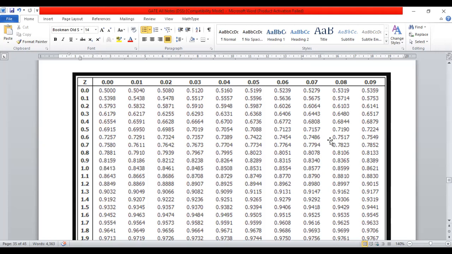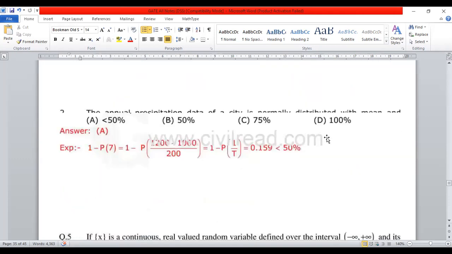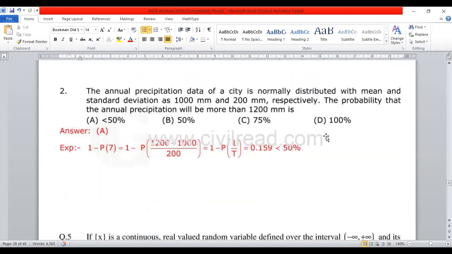For that, we make use of the most important property of the normal distribution: x is converted into z, and these different probabilities have been tabulated. We have to take help of this table, otherwise we cannot find the probabilities relating to normal distributions.